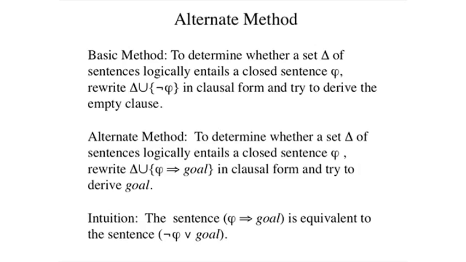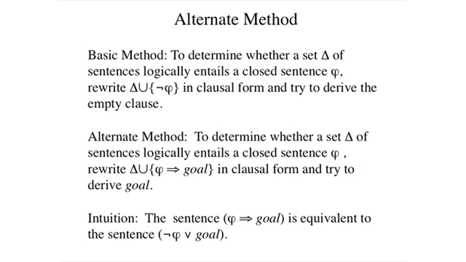Okay, now let's take this basic method and modify it just slightly. Instead of adding the negated goal phi to our premise set, we add a sentence of the form phi implies goal. In doing so, we're saying that if phi is true, then the conclusion goal is true.